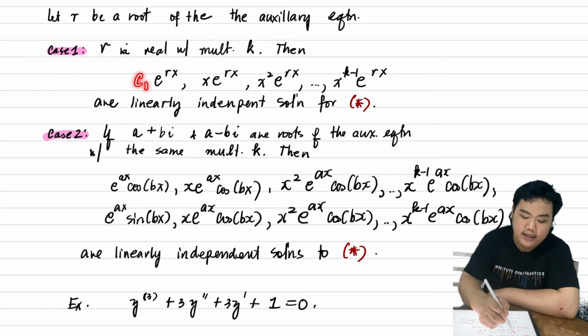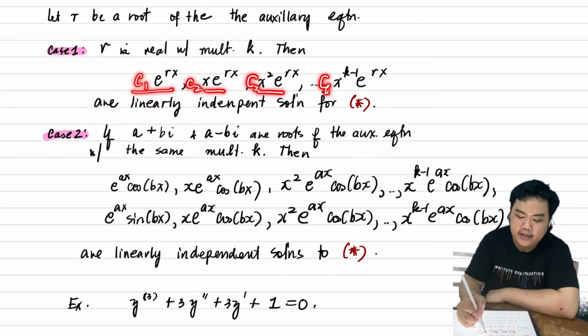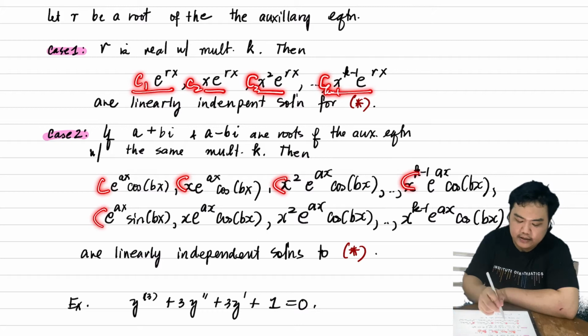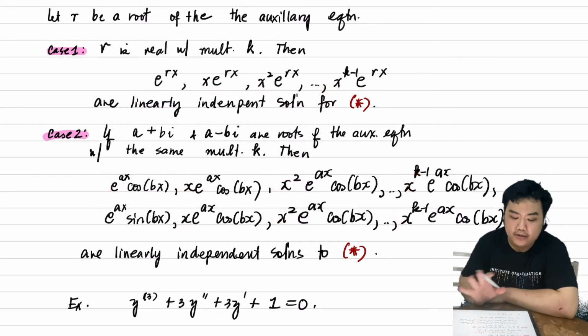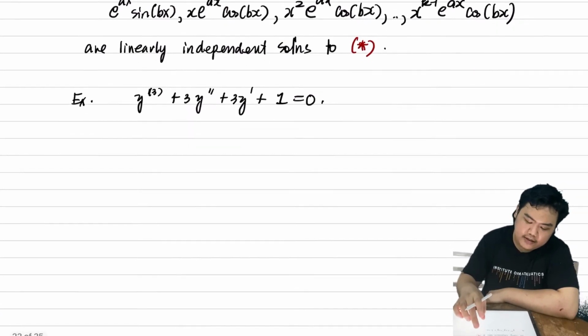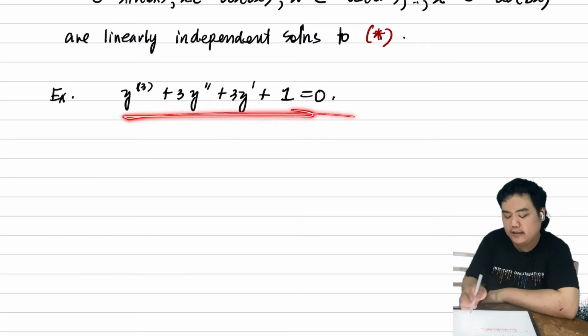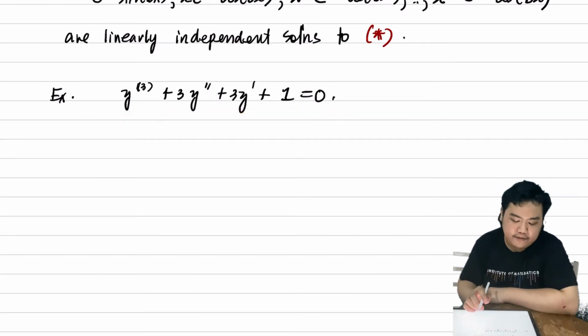So, C1 times this, plus C2 times this, plus C3 times this, plus CK minus 1 times this. Lalagyan mo lang lahat ng mga iba-ibang constants, yung mga solutions na yan, and then you add them all. So, that is the general solution. Okay, so let us try to solve this a homogeneous linear differential equation.